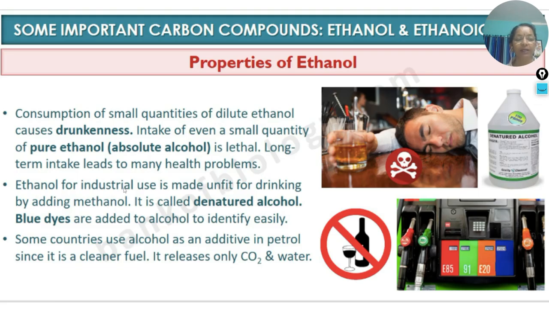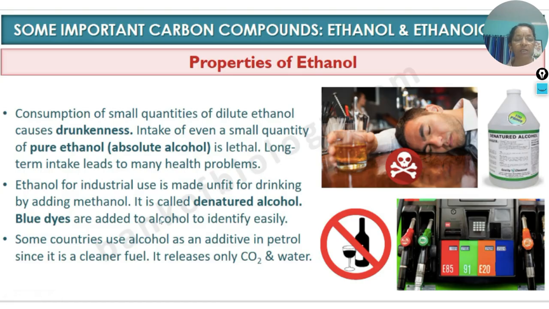Ethanol for industrial use is made unfit for drinking because otherwise people may misuse it, so they make it unfit for drinking by adding methanol to it. That state we call denatured alcohol. So what is denatured alcohol? It is ethanol mixed with methanol, which is a poison.